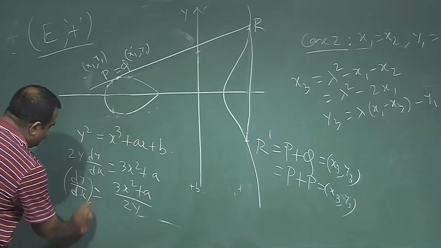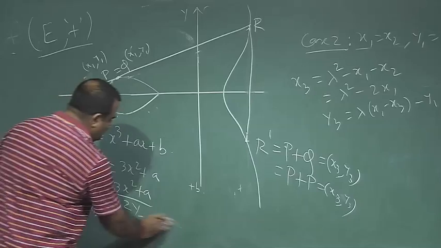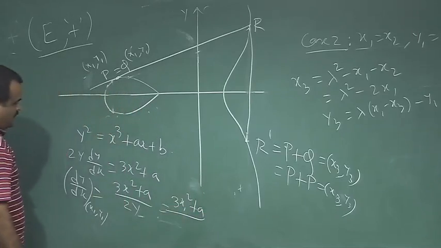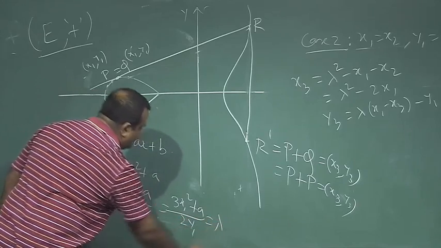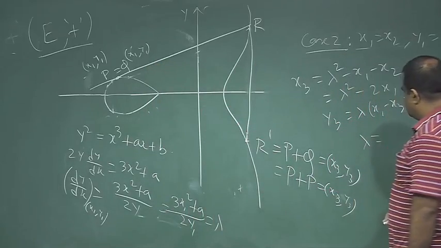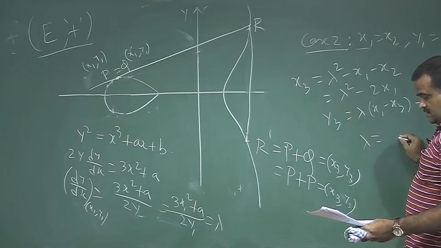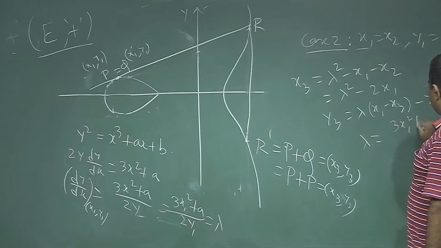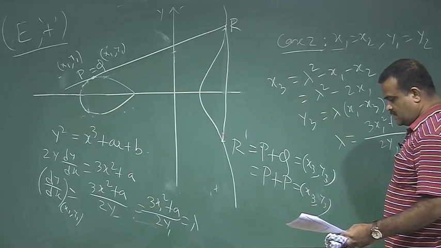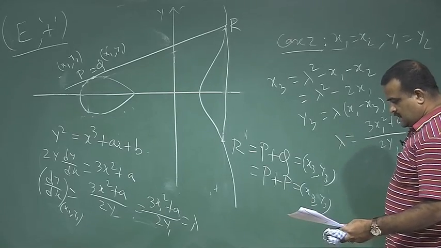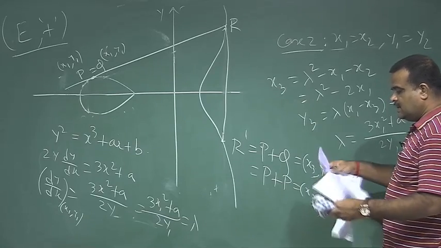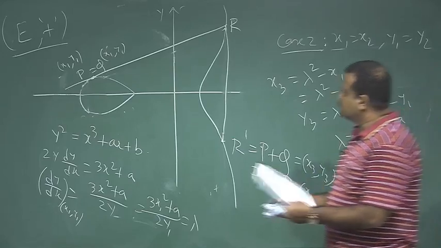So dy/dx at the point x1 y1 is basically (3x1 square plus a) by 2y1. So this is our lambda for this case, because this is a tangent. So lambda here is (3x1 square plus a) by 2y1. Okay, so this is basically P plus Q.